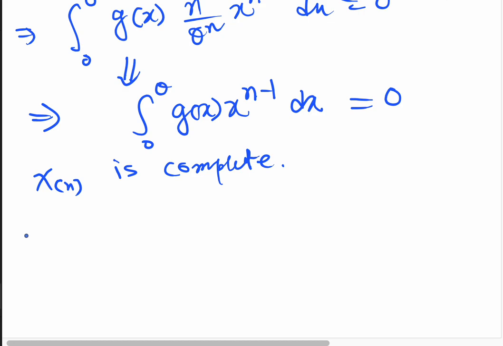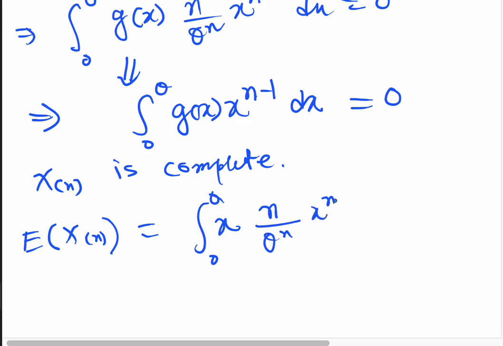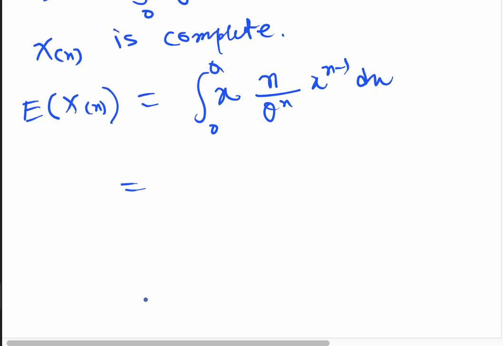Now let's see the expectation of X(n). What will be the expectation of X(n)? That is the integral from 0 to theta of x times n by theta to the power n x to the power n minus 1 dx. So that will be n by theta to the power n times the integral from 0 to theta of x to the power n dx.